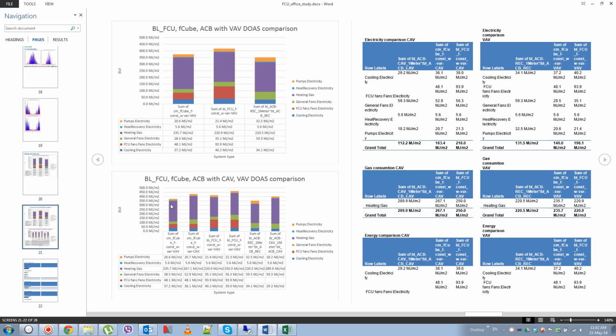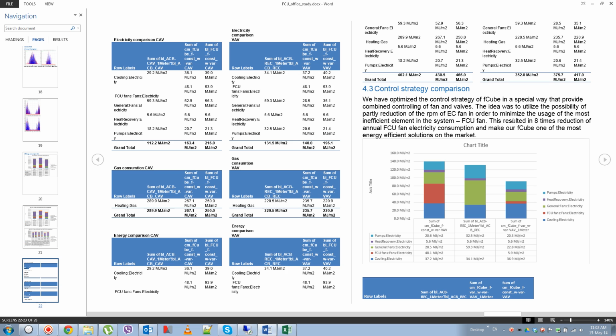As you can see, the best here is fCube. No, the best is active chilled beam, a bit less, but fCube with VAV is quite near. After that, we will see a 6% difference. This is a number for that, so you can calculate any difference.